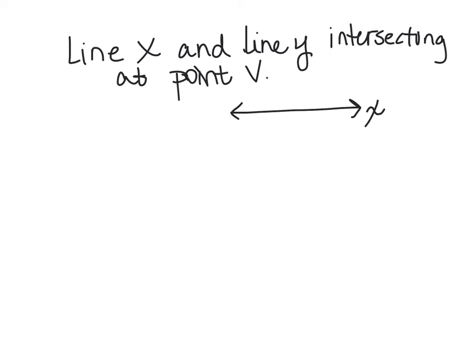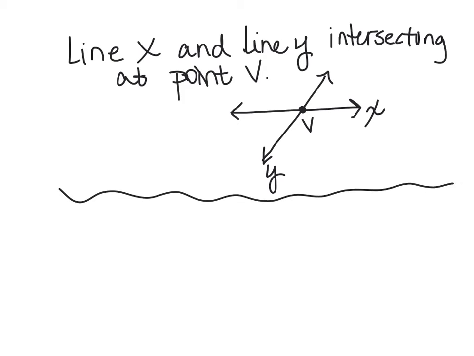And then we'll make another line that intersects it. And we'll have it intersect at point V. So this is line X and line Y intersecting at point V.